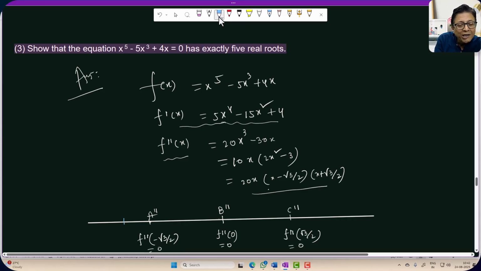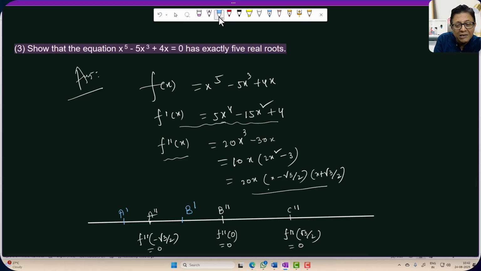So there is a point A', a point B', a point C', and a point D', where f'(x) will be vanishing. f'(x) is 0 here, here, here, and here. Alright?